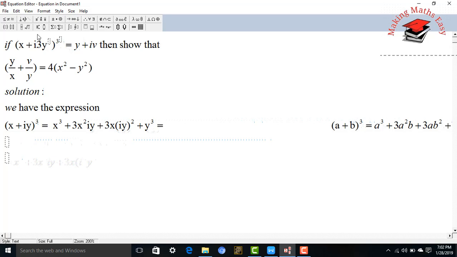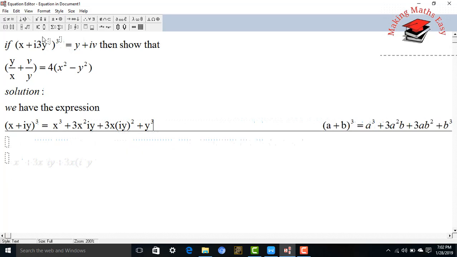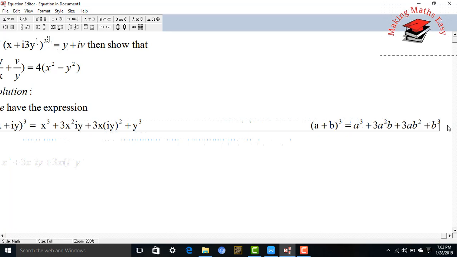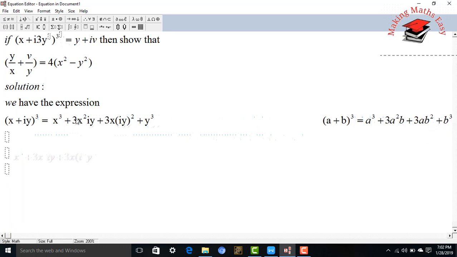So this we have to simplify. Here it is i², and here it is x, here it is y². So we will simplify it.